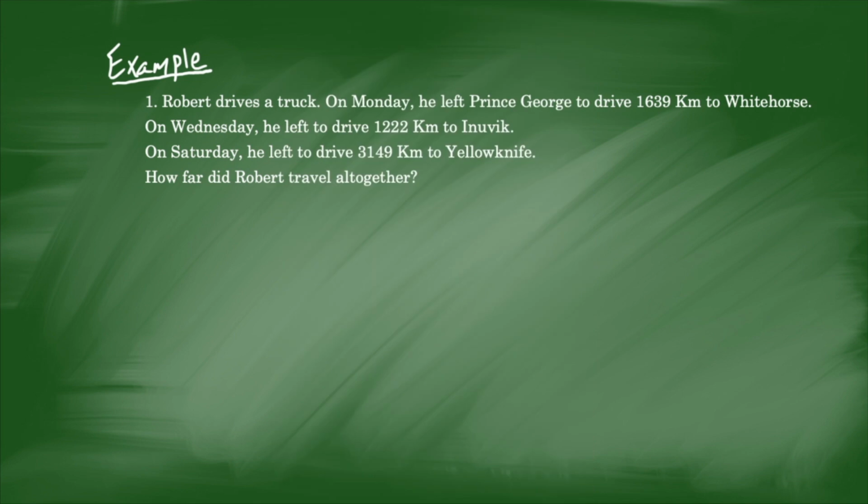Since the unit, kilometer, doesn't change, we can add. Since we can add all these numbers together, we can just ignore the unit and just use 1639 plus 1222 plus 3149.